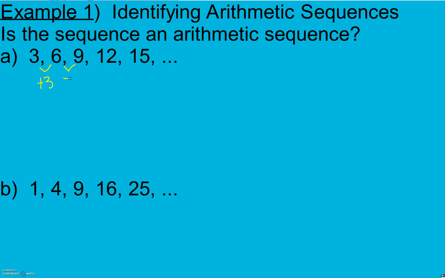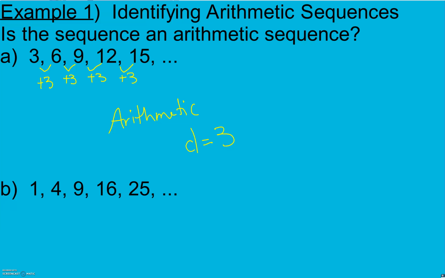From 6 to 9, we add 3. 9 to 12, we add 3. And 12 to 15, we add 3. So since every one of these is the same, that means yes, arithmetic. And we could say that d equals 3, that common difference.